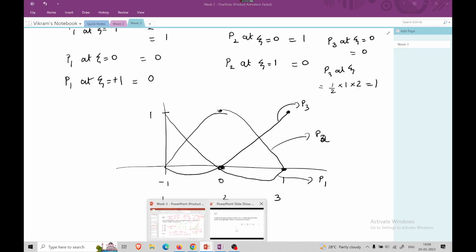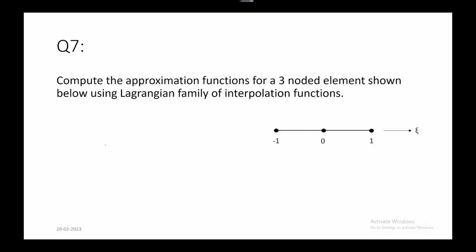To summarize the answer here, P1 is half into epsilon into epsilon minus 1. P2 is 1 minus epsilon square. P3 is half into epsilon into epsilon plus 1.